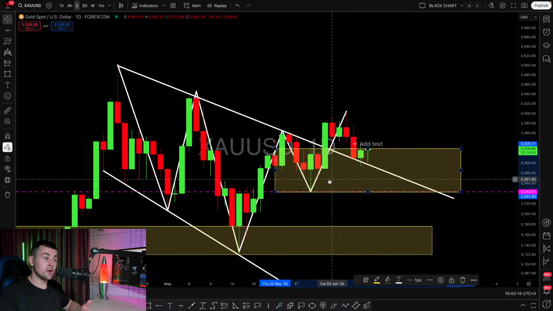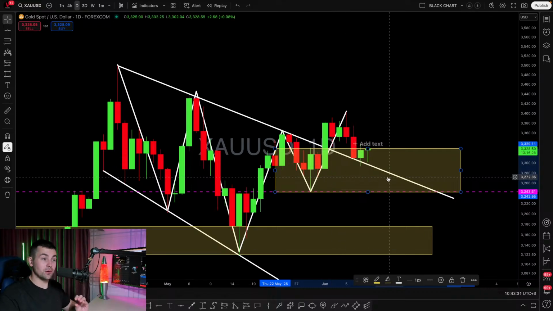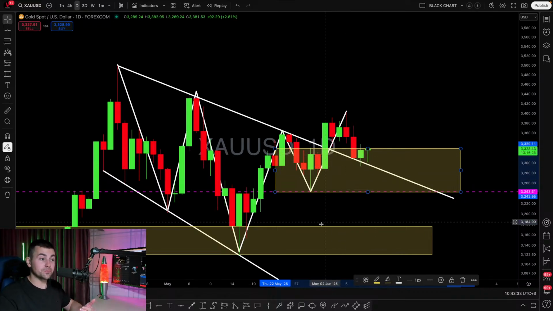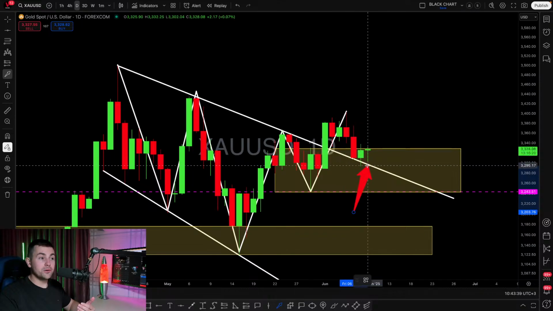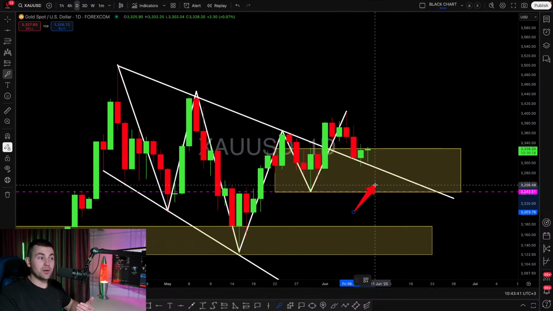Within that zone, we will need to find the points, the levels, the areas where most likely the majority of the buying orders are accumulating. Of course, the buying orders are not equally accumulating on all the levels within that area.